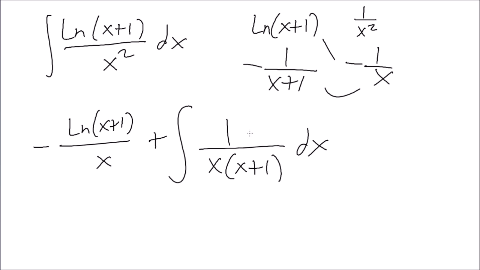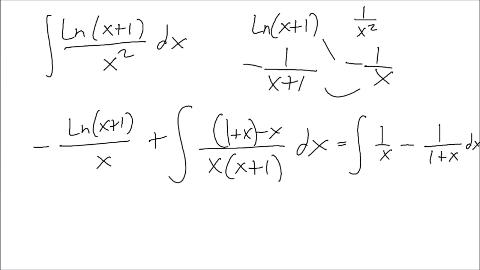Okay, here, super easy. We could just do a zero substitution. Plus x minus x. This is going to cancel out, and then this can cancel out with this. So now this is just going to simplify to 1 over x minus 1 over 1 plus x dx.